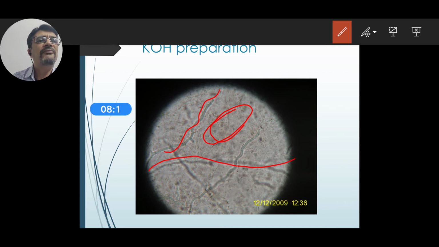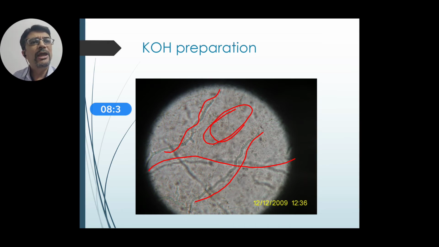These are the filaments of the fungus. So you can see it very clearly. Sometimes we may add a stain like Parker ink into the KOH, so that would stain the fungal filament, so you can see even more clearly. So that is the KOH preparation.